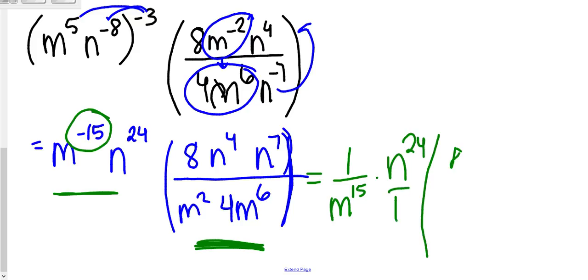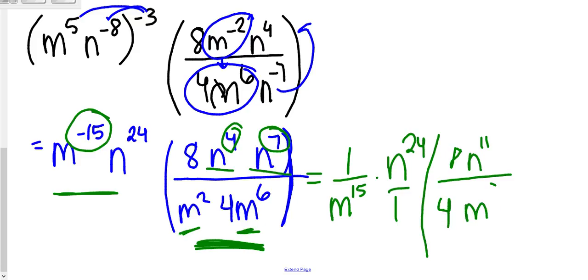We're combining n, so we leave the 8, n to the 4th, times n to the 7, we add exponents. So this is n to the 11th over. We have m squared and m to the 6th, so we'll leave the 4 and we add those exponents. So we have m to the 8.